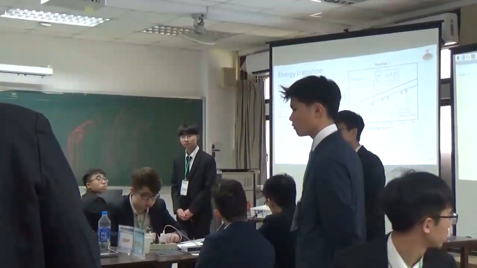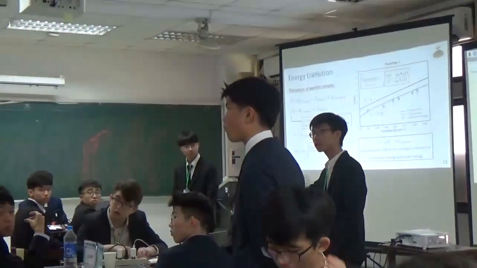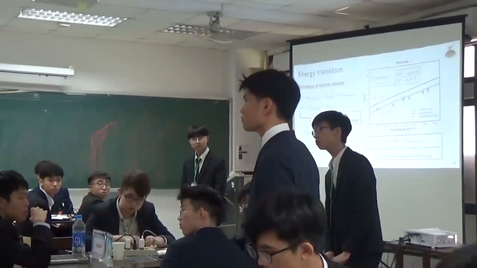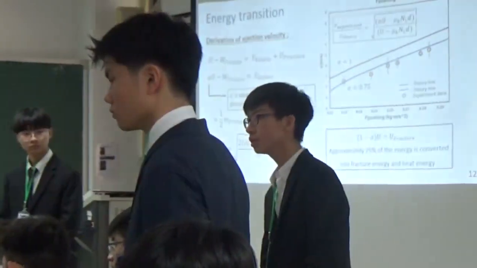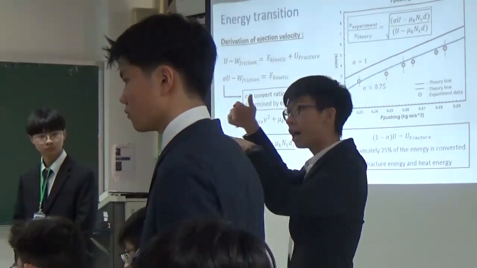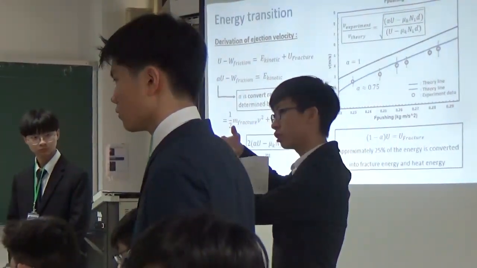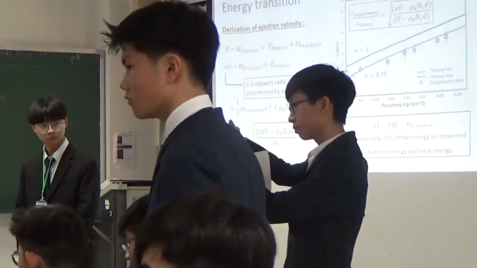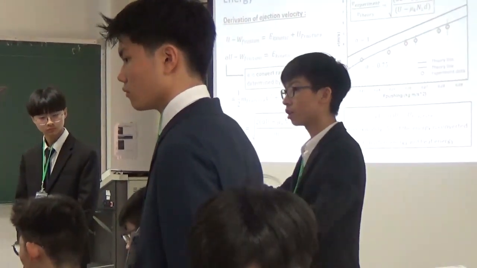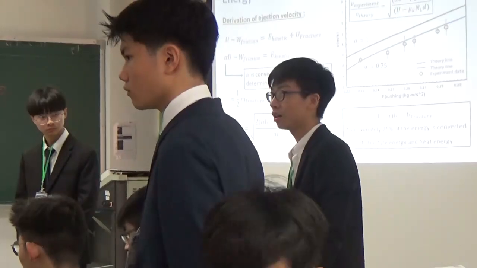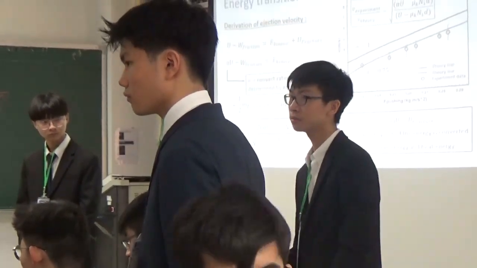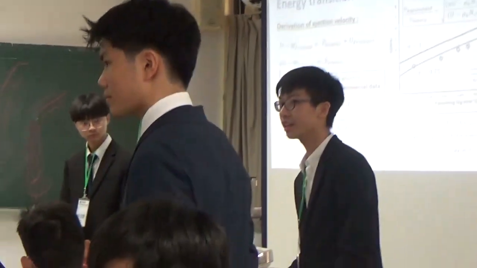Do you mean how much percentage of the kinetic energy is transferred? We believe that once it stops at the point of the ratio, I think the convert ratio is rather good. Yeah, it's pretty close.